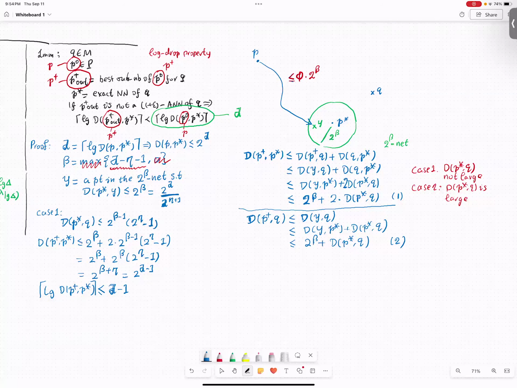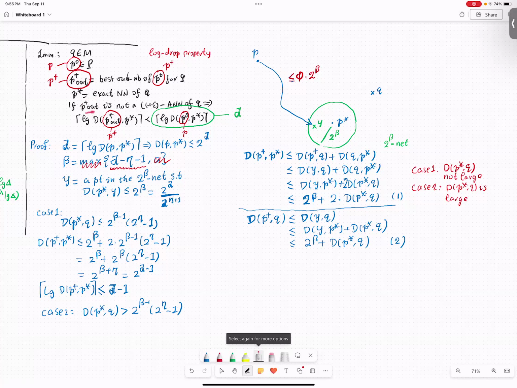Now let's look at case 2. Case 2 is the scenario where d(p*, q) is strictly larger than this threshold. I'm going to show you that in this case, p+ must be a 1 plus epsilon ANN of q.